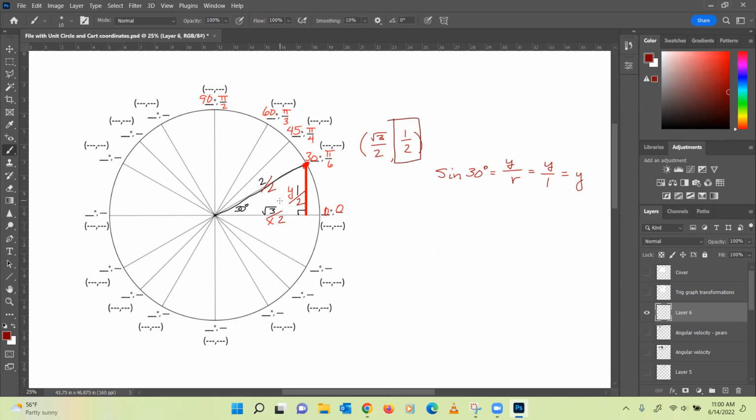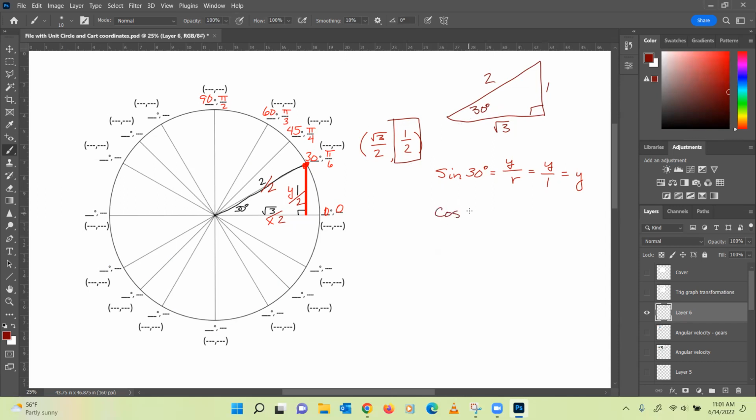Plug that into your calculator, sine of 30 degrees, you'll get 1/2. If we used our original triangle there, we had 1, 2, √3, 30-degree angle. Sine is opposite over hypotenuse, which is 1/2.